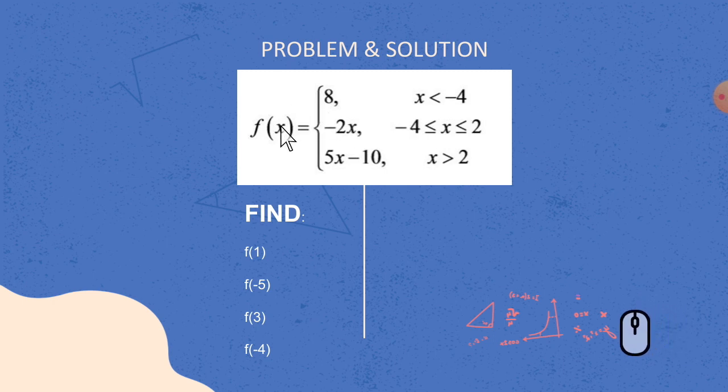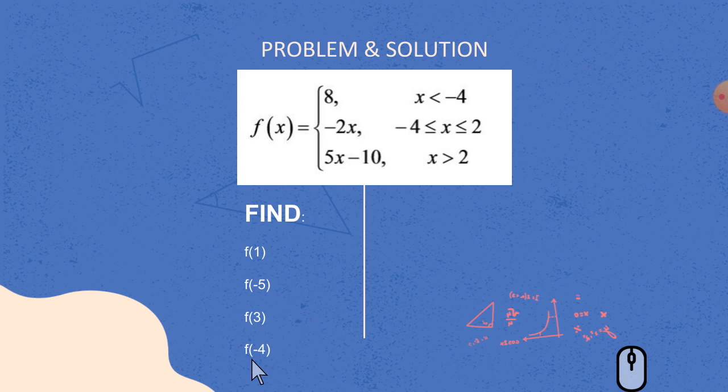And then the second function is f of x is equal to -2x if the value of x is greater than or equal to -4 but less than or equal to 2. And then the third function is f of x is equal to 5x minus 10 if x is greater than 2. So we have a given here or a problem solving. So find f of 1, f of -5, f of -3, and f of -4.